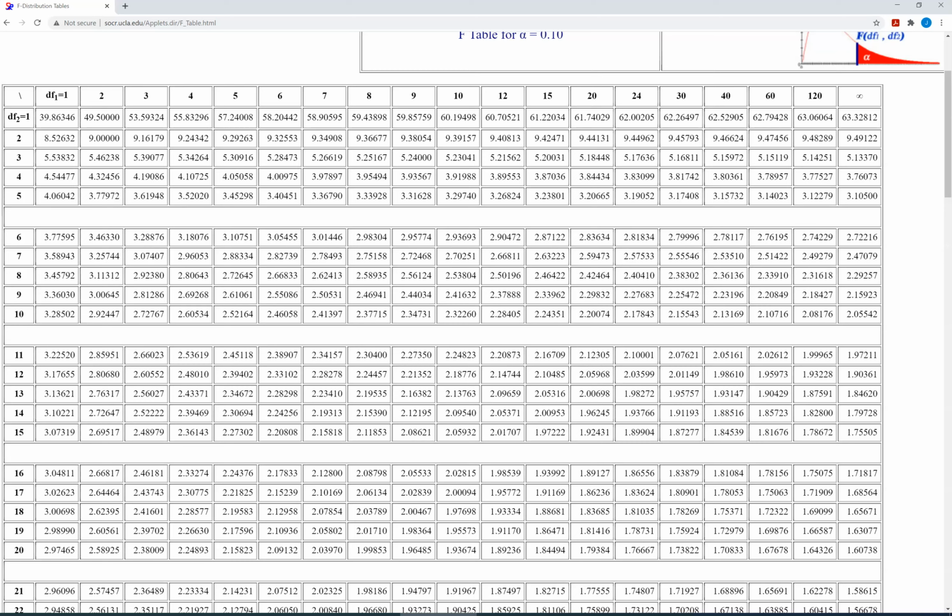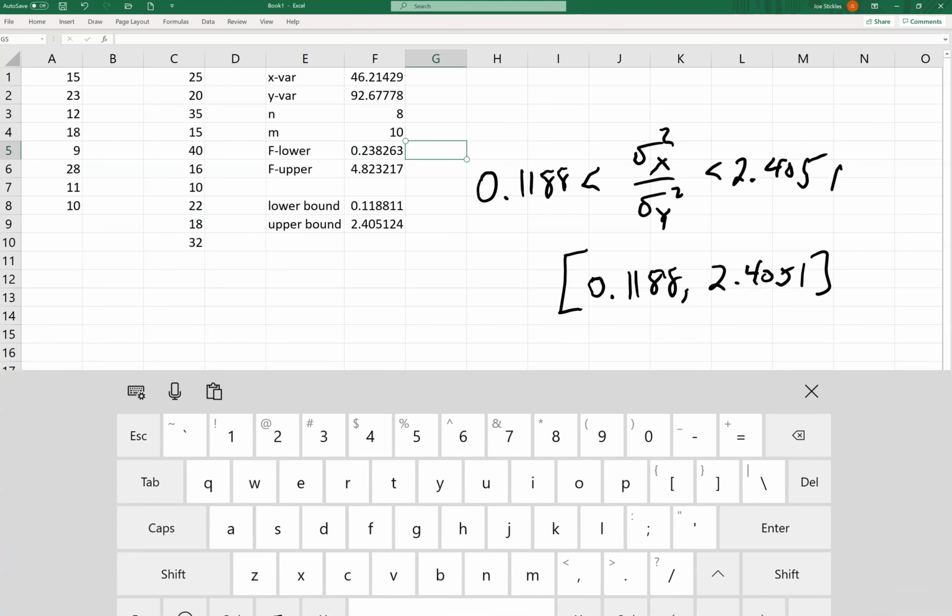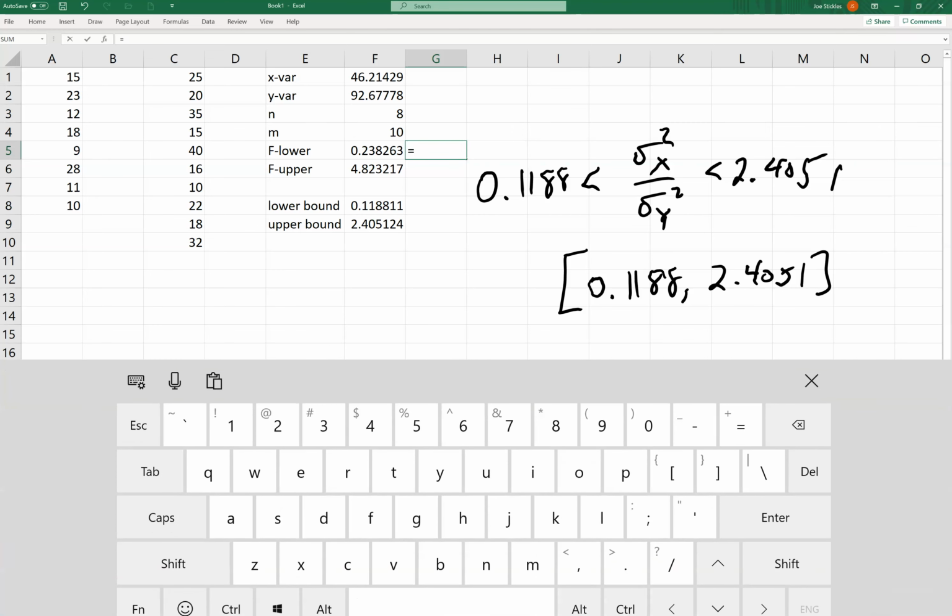Oh, and then there's another thing that pops up. There is a neat relationship between the x over the y and the y over the x numbers. So if I go back up here again, we calculated this lower percentile by doing F.INV of 0.025 and then m minus 1 and n minus 1.